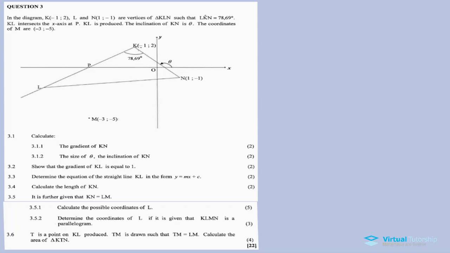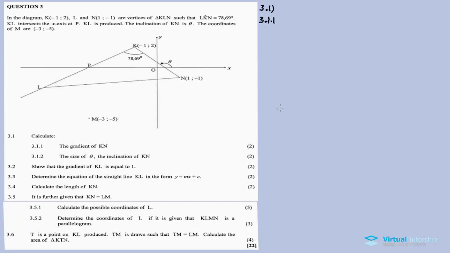The inclination of KN is theta. The angle of inclination of KN is theta. The coordinates of N are (-3; -5). Question 3.1.1: calculate the gradient of KN.